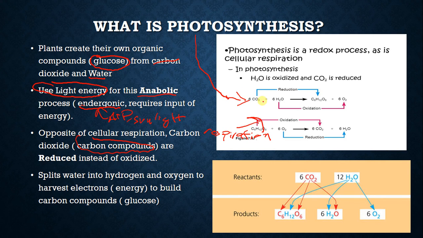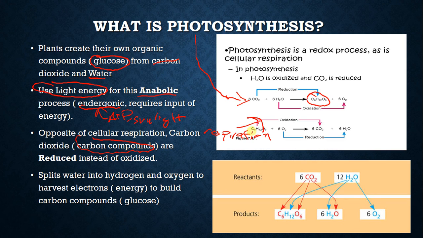In photosynthesis, carbon atoms are gaining electrons, gaining energy, an input of energy to form C6H12O6, glucose. Water is oxidized. We're taking electrons away from water to give to carbon dioxide to form glucose. That's the opposite of cellular respiration.